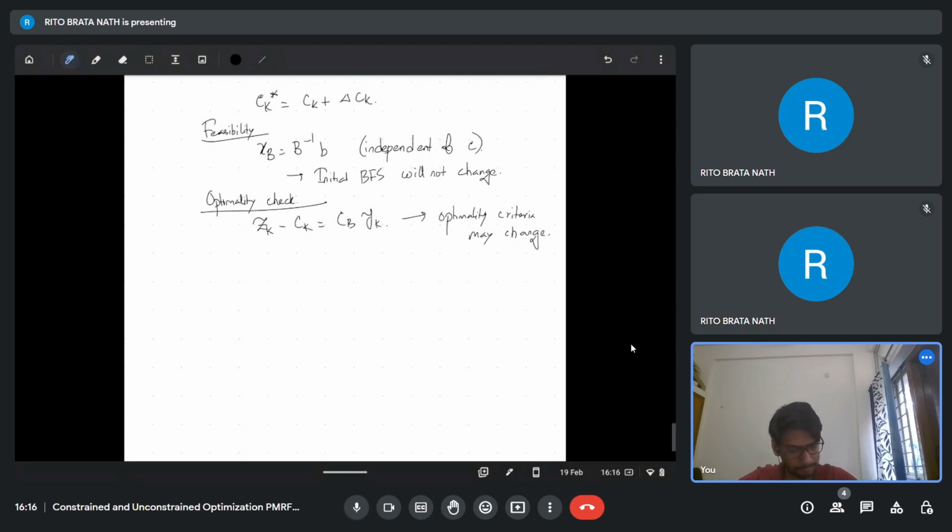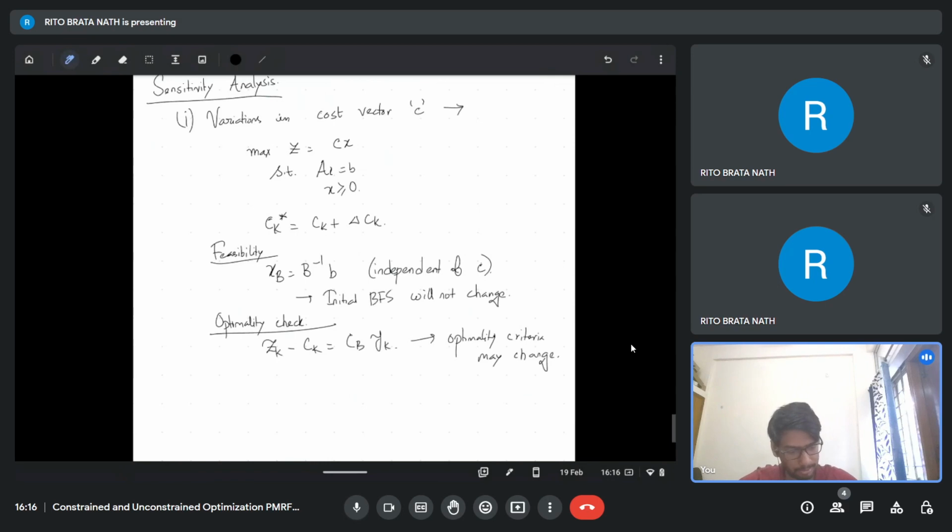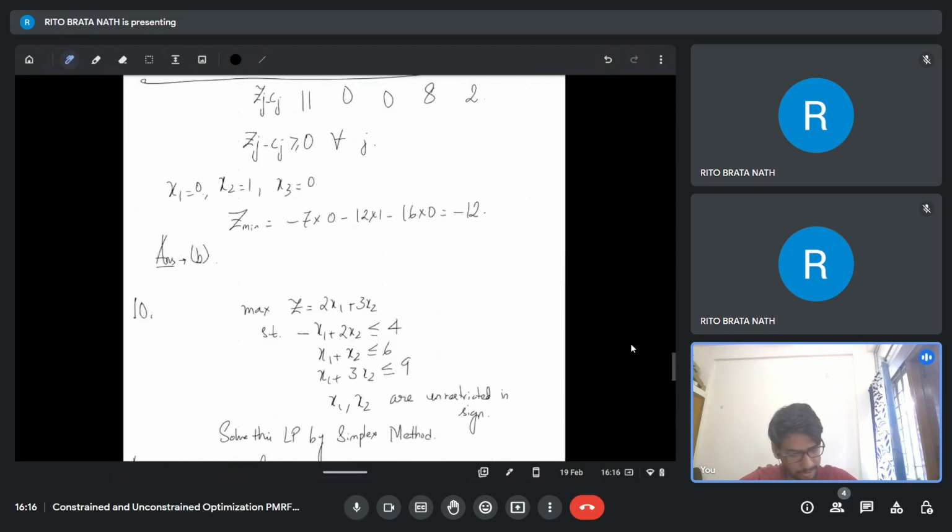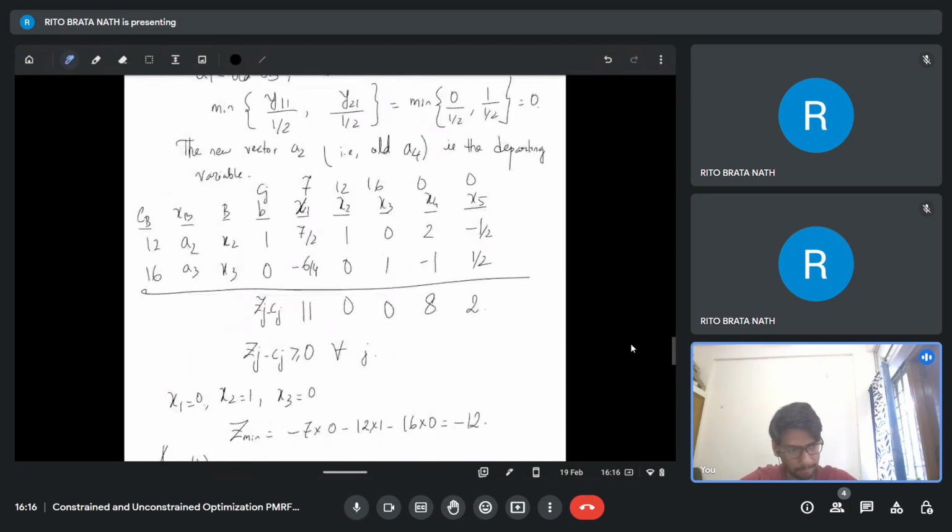So in the simplex tableau, if you notice, you have zj minus cj. For a particular case, it will be zk minus ck. These are your basic variable coefficients.